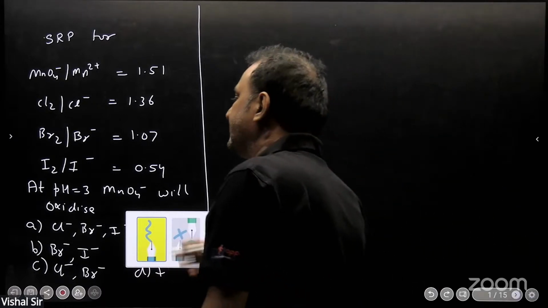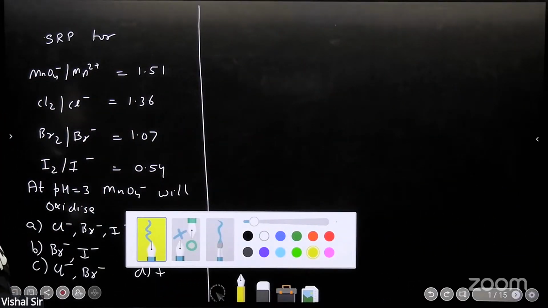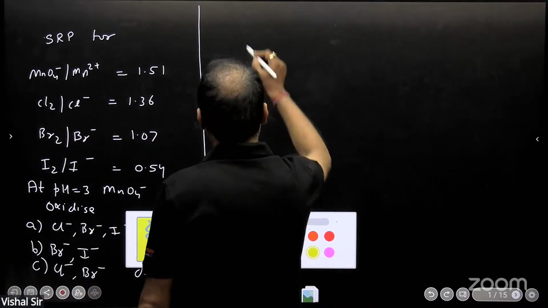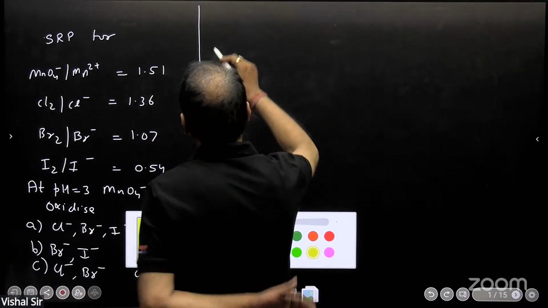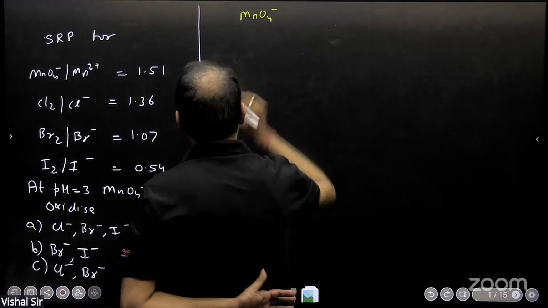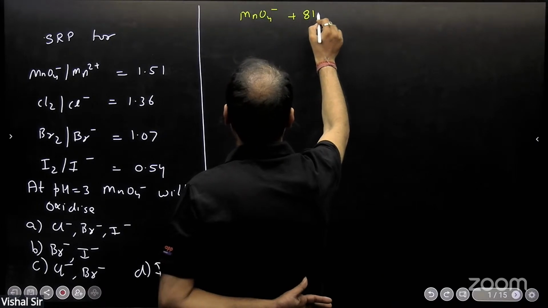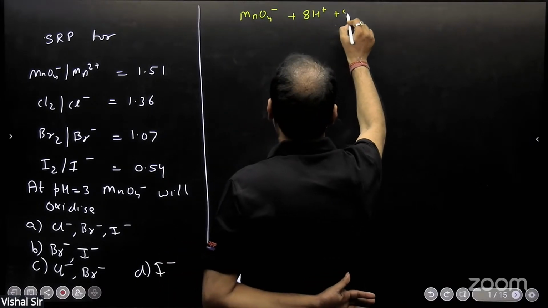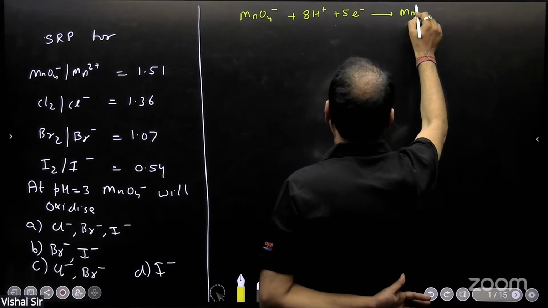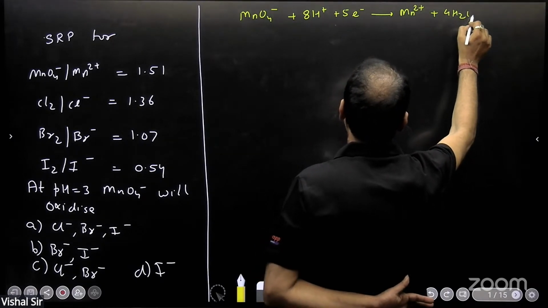As you can see in these half reactions, the first one we have discussed depends on pH. And what was the reaction of the first cell? MnO4 minus plus 8H plus 5 electron gives Mn2 plus 4H2O.